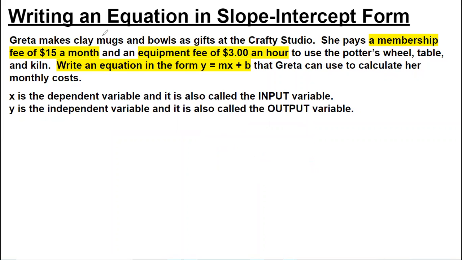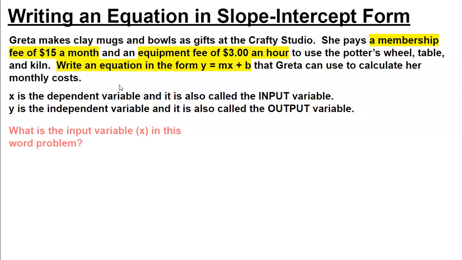Okay, so let's see what we do here. We are going to say, what is the input variable x in this word problem? What is the x? Well, you've got a couple of options, right? You've got money and you have time. What have I always said about time? Time is always the x, right?